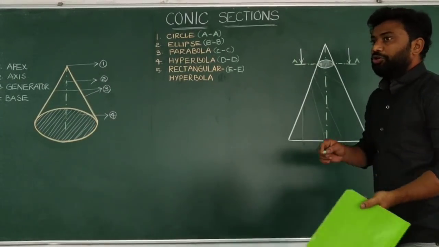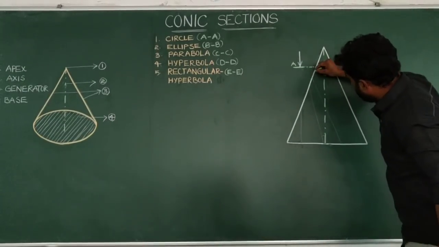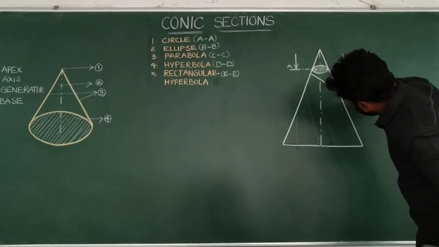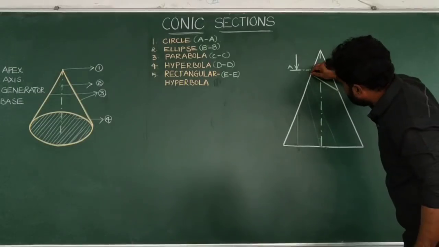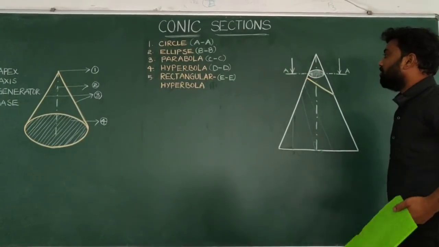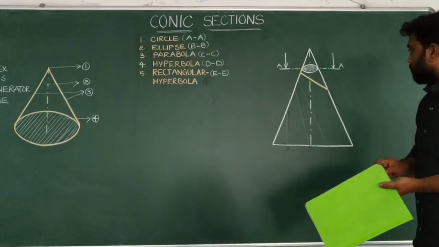Let me show you the cutting plane position with respect to the axis by means of this line. And let me use some other color. Yeah, this is the cutting plane to obtain the elliptical shape.